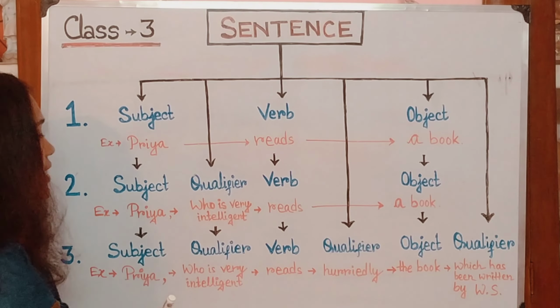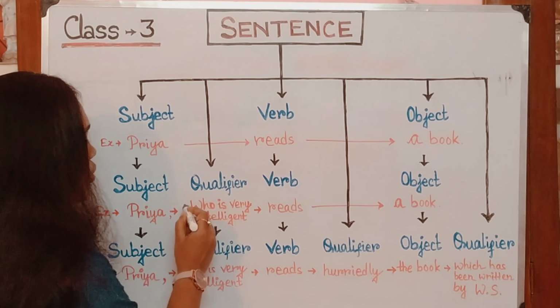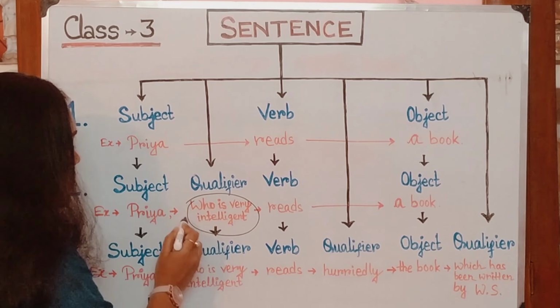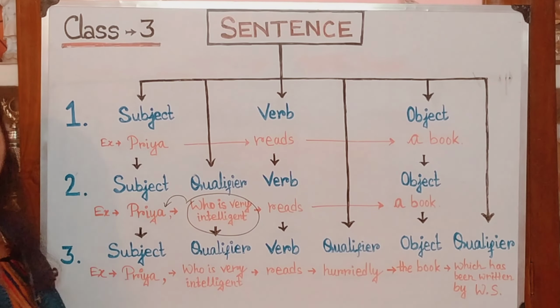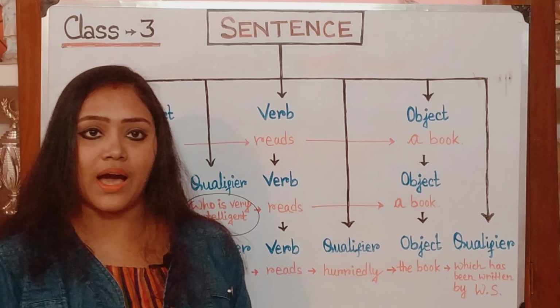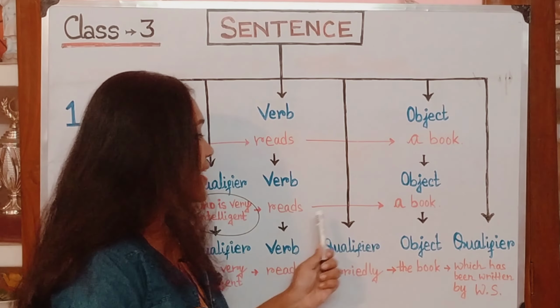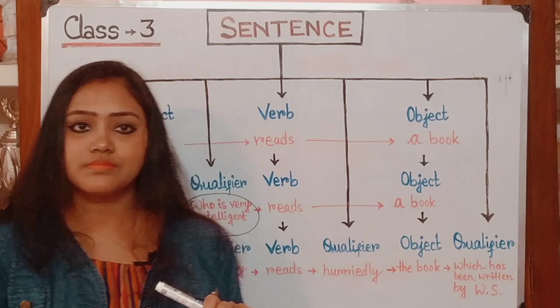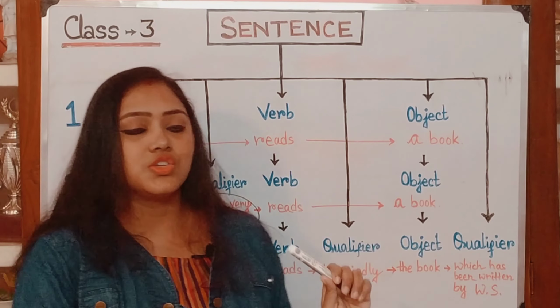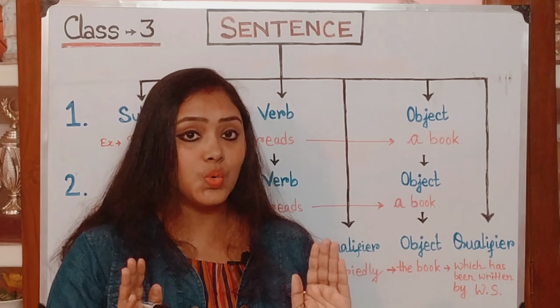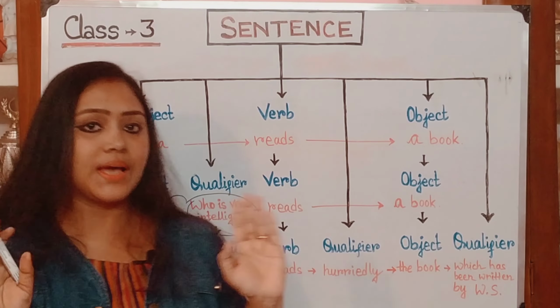This part, the qualifier, is qualifying the noun, that is Priya. Clear? So Priya, who is very intelligent, reads a book. Clear? So here type number 2 is completed.